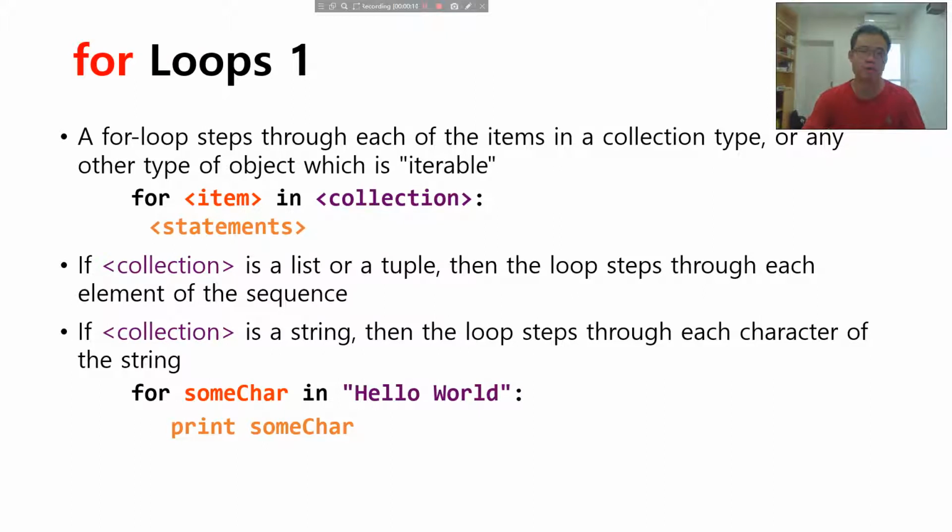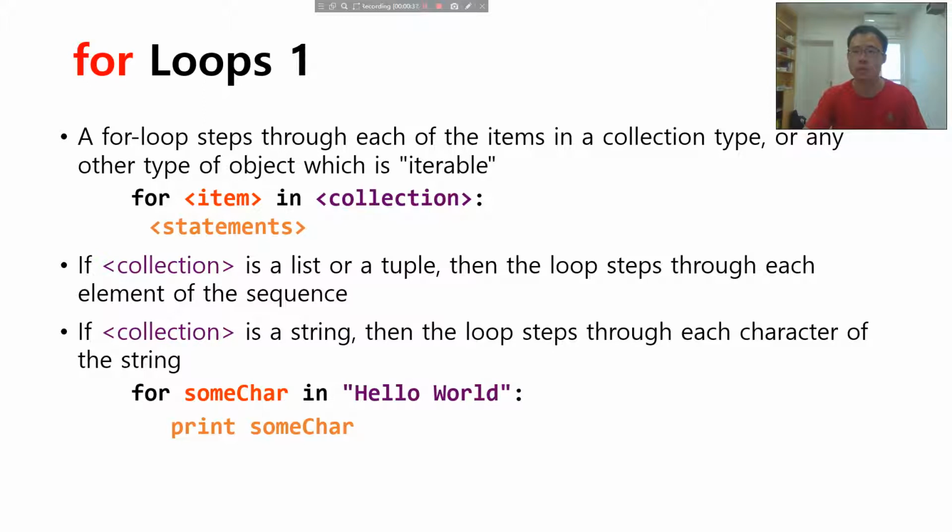A for loop steps through each of the items in a collection type, like a string, a collection of characters, letters or numbers or other characters, a list, all the items and elements in a list, and a tuple, or any other type of object which is iterable.